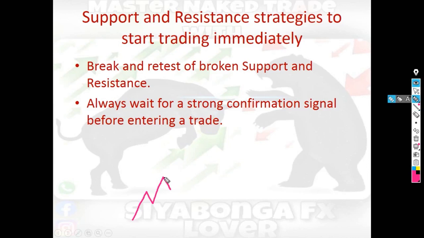Let me draw our potential resistance on this strategy. Wait for it to get broken and retested. This is where you buy, with our previous resistance as a confirmation to the upside.